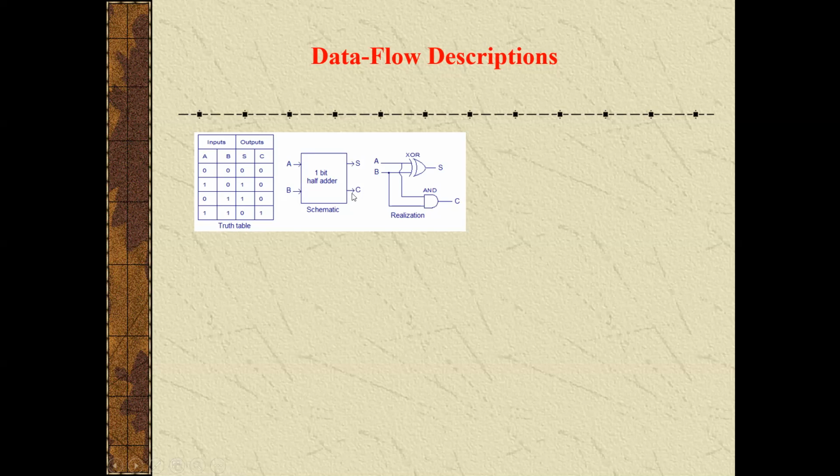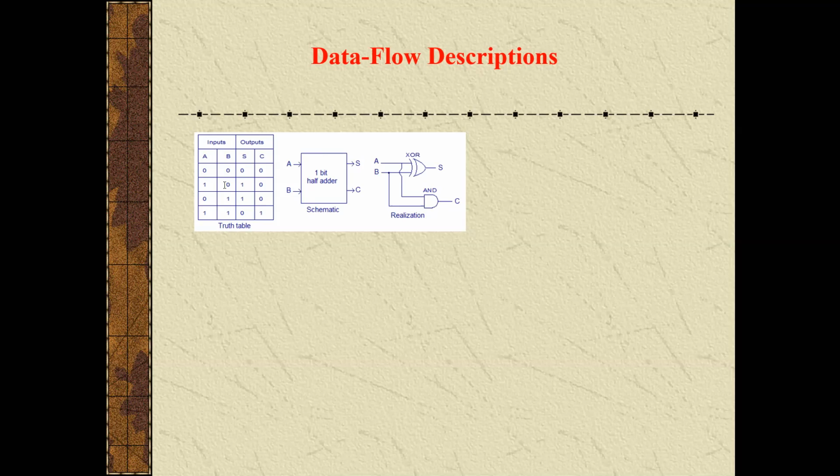For example, in the half adder, the addition of 1 and 0: for 1 plus 0, the output sum will be 1.